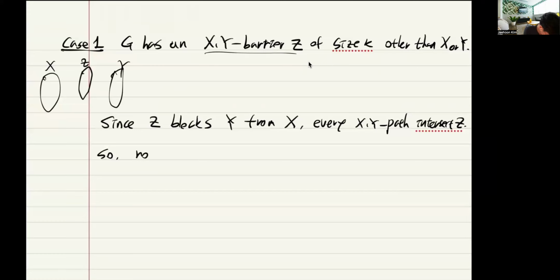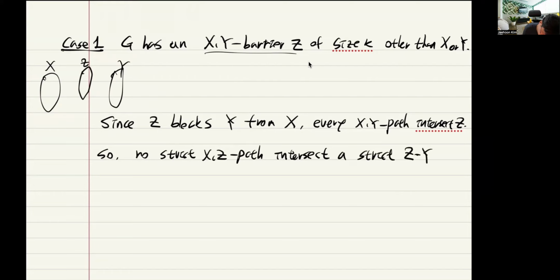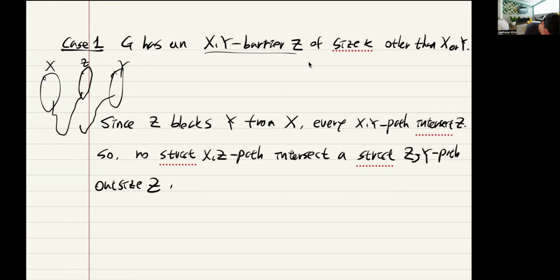For that, we consider if you have a strict xC path that intersects a strict Cy path outside C. If you take an xC path and then a strict yC path and they intersect in here, what happens?